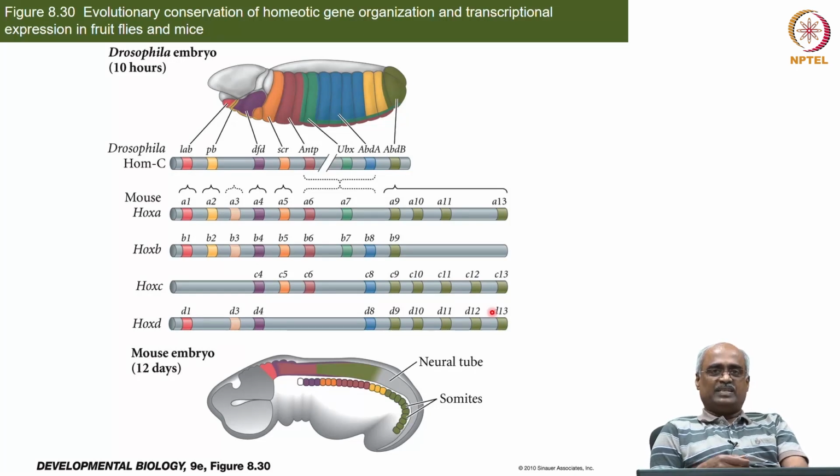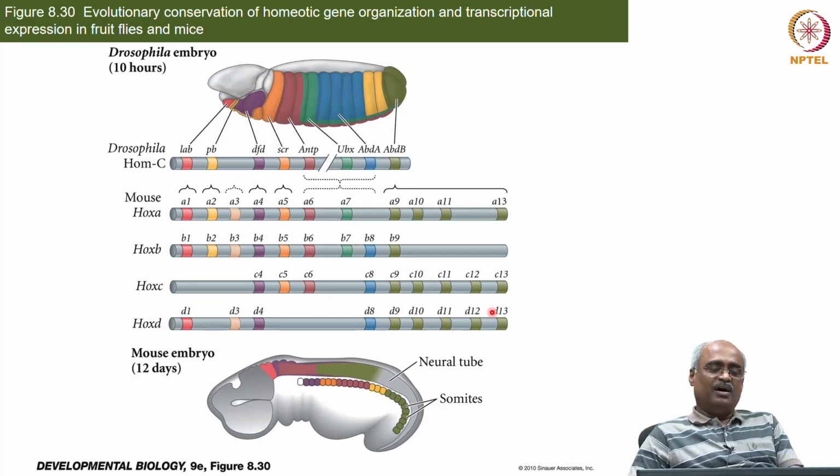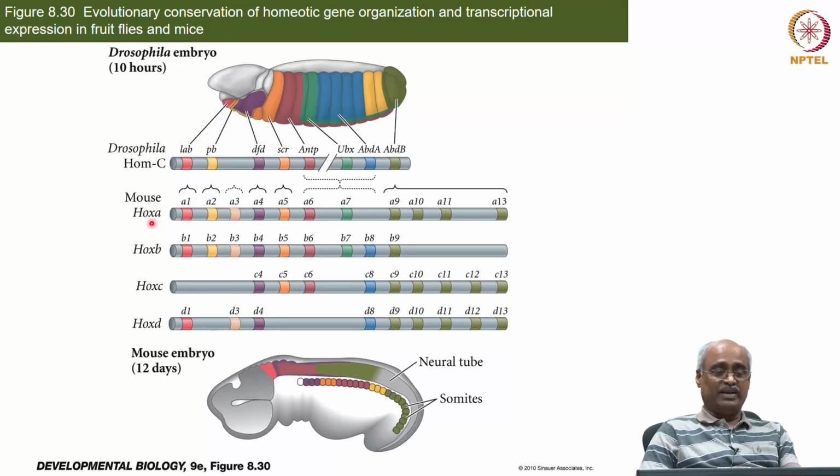So initially their expression is in that pattern. The 5 prime most ones are expressed in the anterior most, and the 3 prime ones are expressed in the posterior most part of the embryo, leading to those structure specifications in that order. So remarkably, that sort of collinearity is conserved even in vertebrates, in all vertebrates, okay.